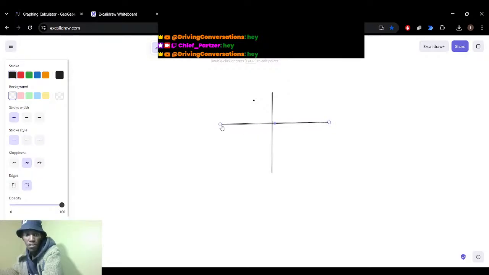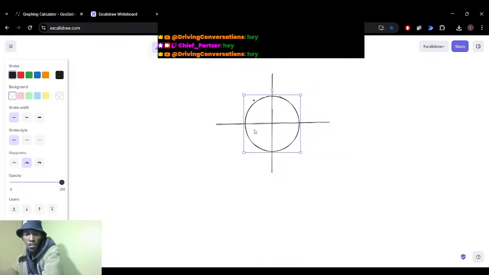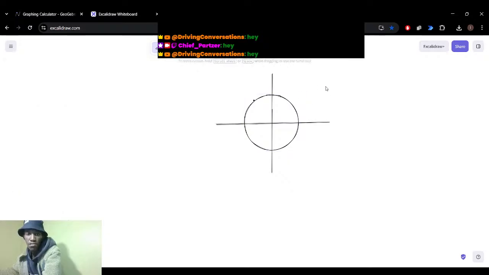So this is our Cartesian plane. Right, and now let's draw a circle here. Right, so this is our circle.